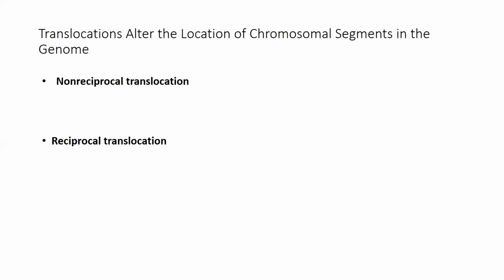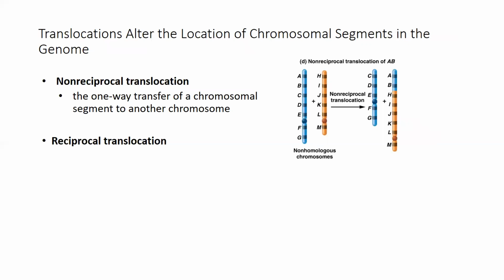One is called non-reciprocal, and the other one is reciprocal translocation. In non-reciprocal translocation, you have a one-way transfer of a chromosomal segment to another chromosome. So you have these two chromosomes.